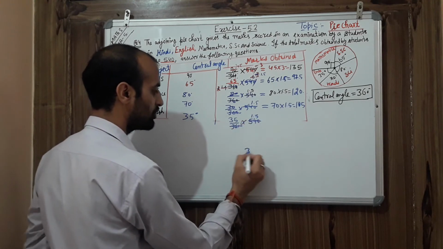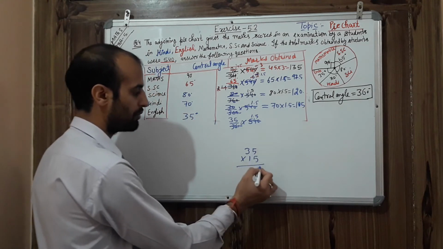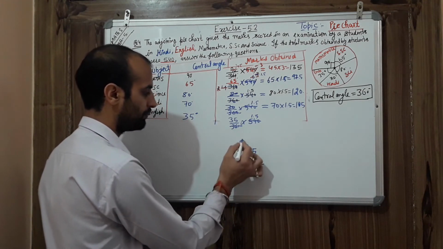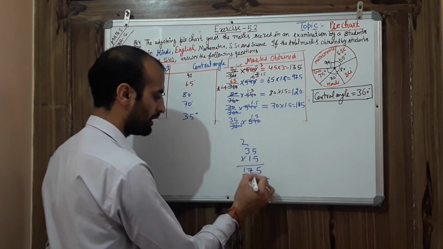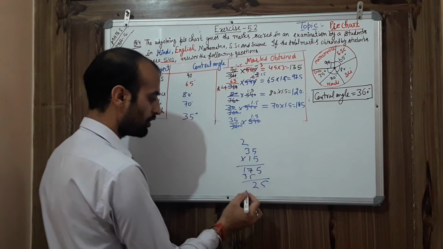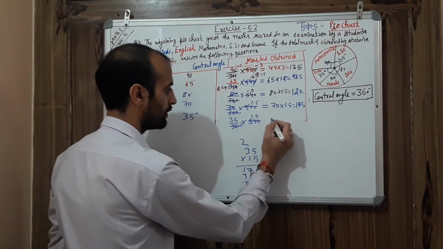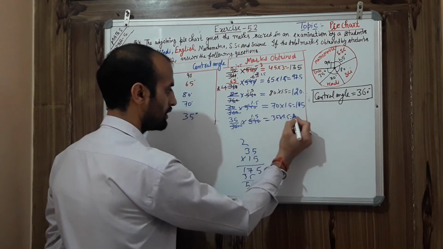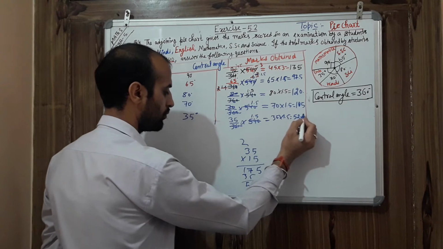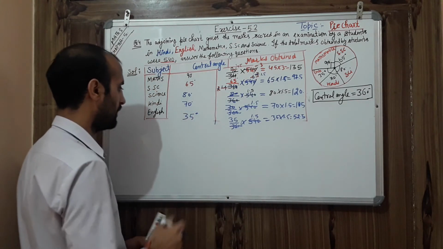So your task is to multiply 35 into 15. 5 fives are 25, carry 2, 5 threes are 15 and 2 is 17, and so you will get 35 into 1.5, that is 52.5. So this is the overall result for the marks.